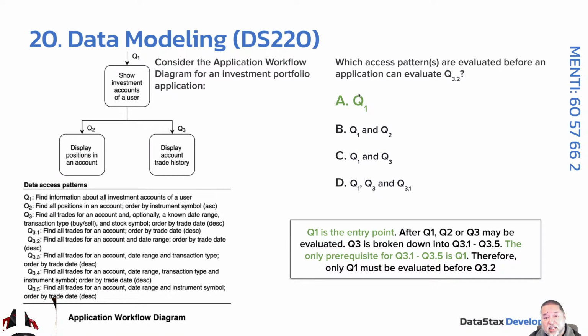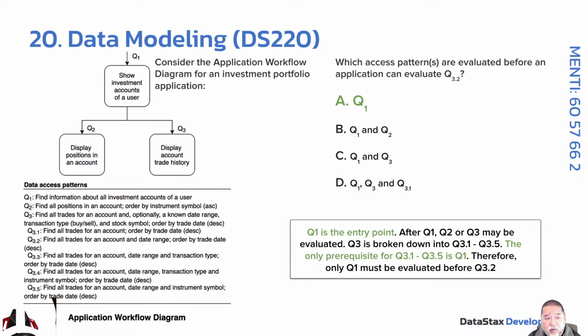So if we take a look at this, this is the application workflow diagram. And really, this is an important part of Cassandra data modeling that isn't part of traditional relational data modeling. As we look at the data access patterns here, the question is, what access patterns are evaluated before we can evaluate access pattern 3.2?